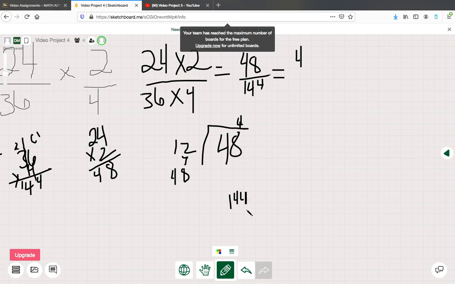And then 144 divided by 12. 1 times 12 is 12. Minus 14 is 2, 4. 12 times 2 is 24. 0. So our denominator is 12.